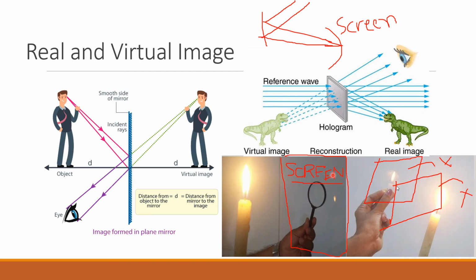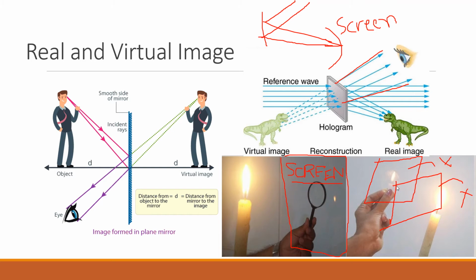When the rays do not intersect, can you see? The rays are moving away from this one. Will they ever intersect? No. So in that case, what kind of image will be formed? The image formed will be your virtual. If a virtual image is formed, that means it cannot be projected on any screen.